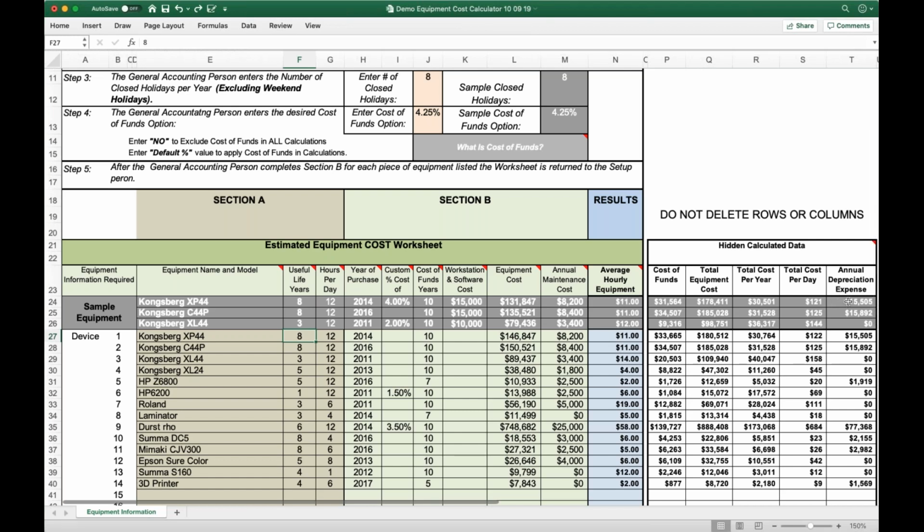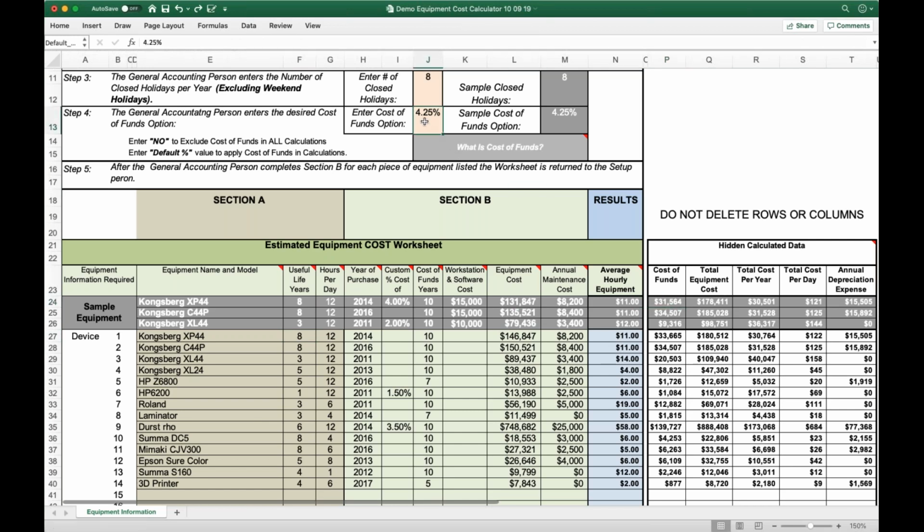The depreciation is there as a value, more as an FYI for the accounting people to say, all right, this is what the depreciation might look like versus what they are actually doing on the asset side in the balance sheet. So indirectly, it's including the cost of funds.